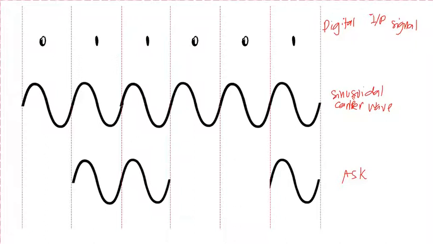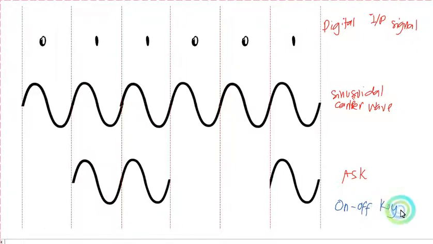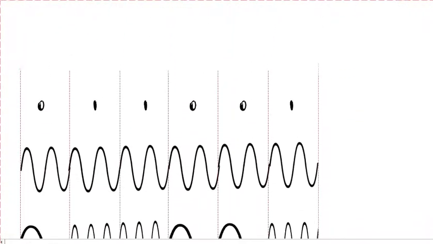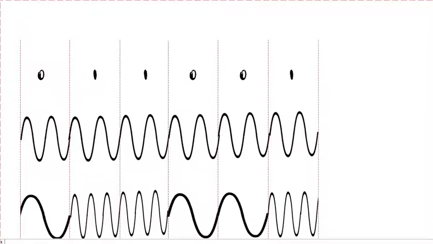Okay, so take note: on-off keying, or OOK. So that is for amplitude shift keying.